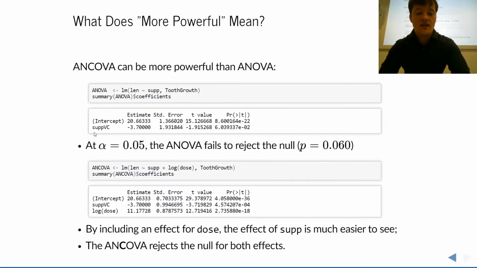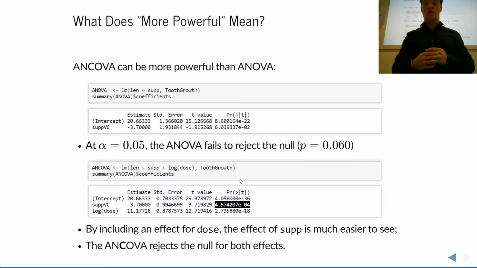We can see that the supplementation type here has a p-value of 6.0 times 10 to the power of minus 2, so 0.06, which is just not significant with an alpha of 0.05. But if I also include the logarithmic effect of dose, or the linear effect of dose, then the p-value of supplementation type is much smaller. That literally means my ability to demonstrate a difference in supplementation type is bigger when I also include the effect of dosage. So it is literally more powerful.